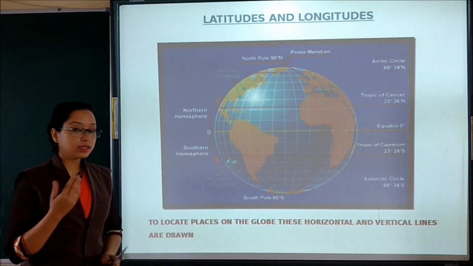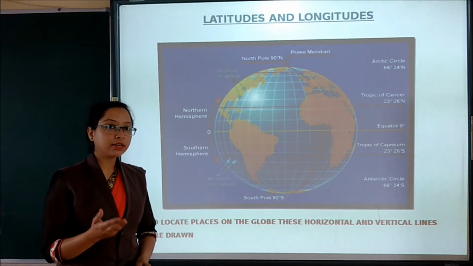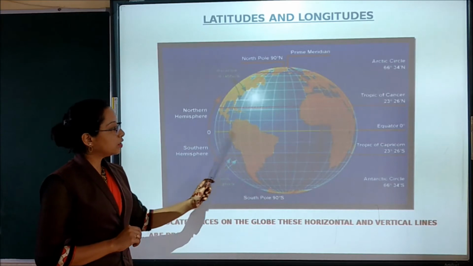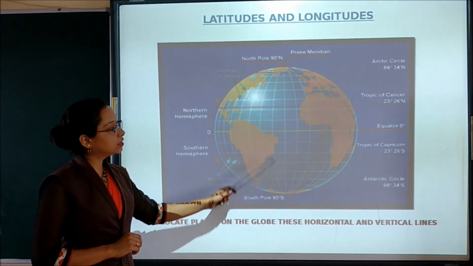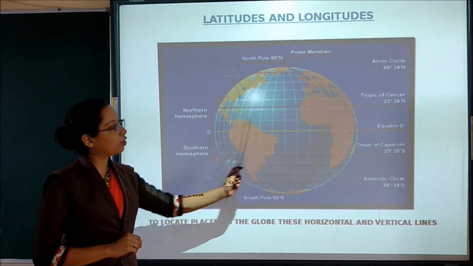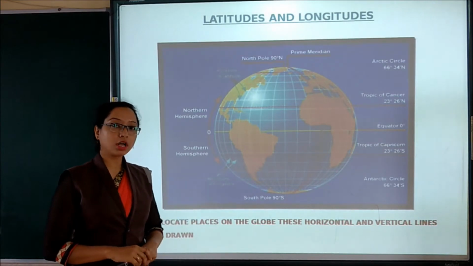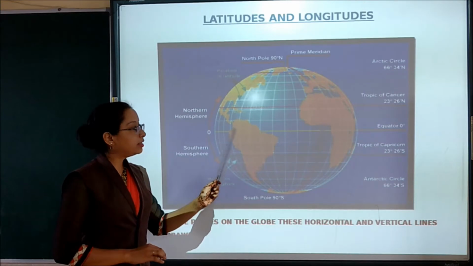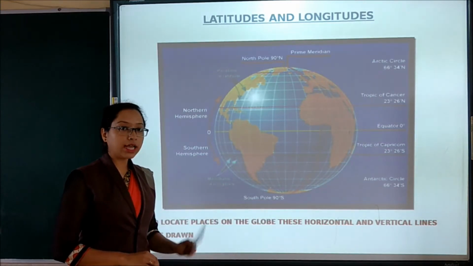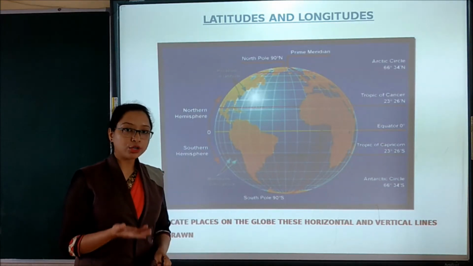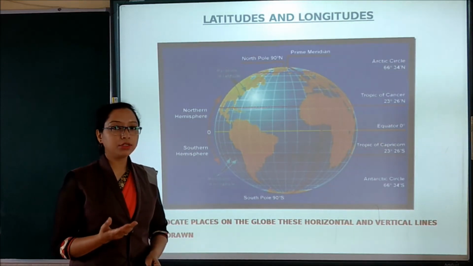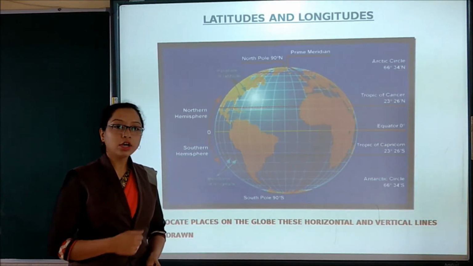So in another picture, we will understand what are latitudes and what are longitudes. In this picture, you can see vertical lines and horizontal lines drawn on the globe. We will understand what these vertical lines and horizontal lines are called, why they are being used and what their features are.